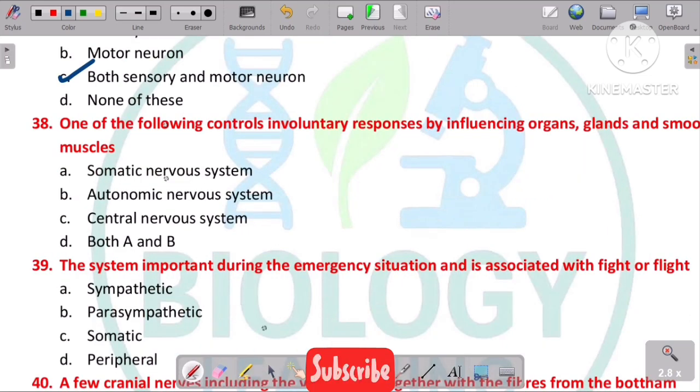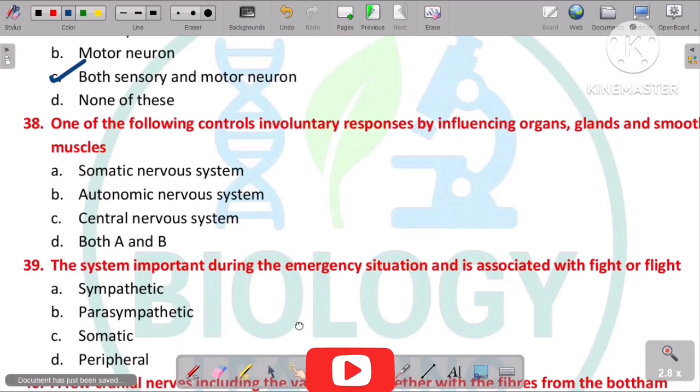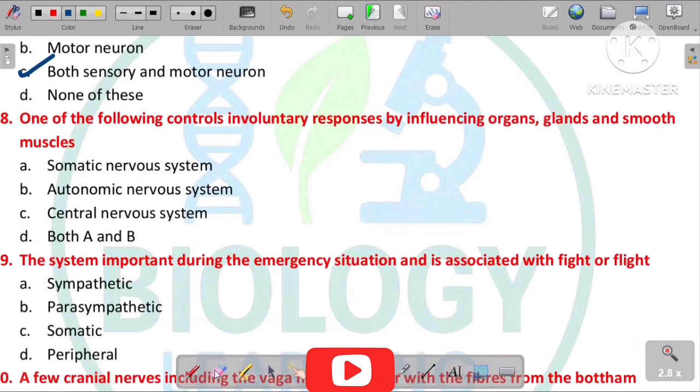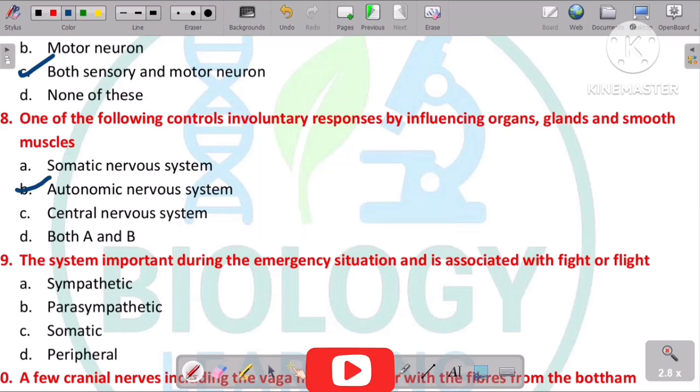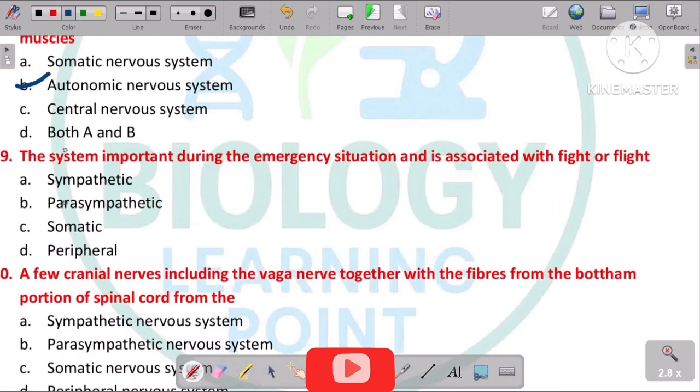So the next question is, one of the following controls involuntary responses by influencing organs, glands, and smooth muscles. So the options are. So the right answer is option B, autonomic nervous system.